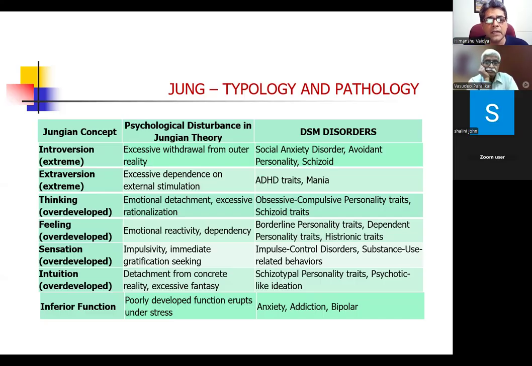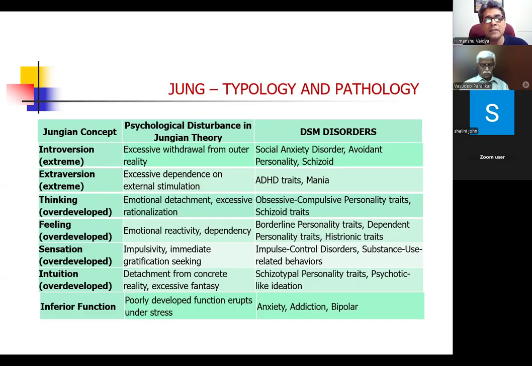It is not easy to explain those things within this table framework. If we bring in the archetypal concept, then we can explain that. For example, if you talk of MDD, then in MDD the feeling will be overdeveloped, introversion will be overdeveloped, but it's not necessarily always so.